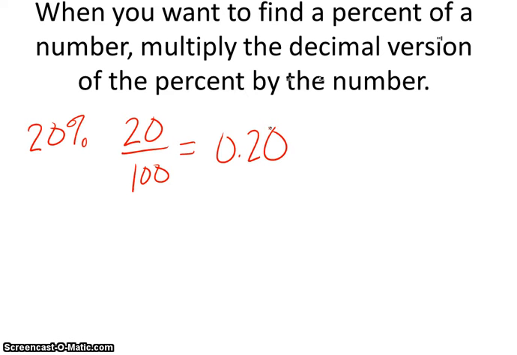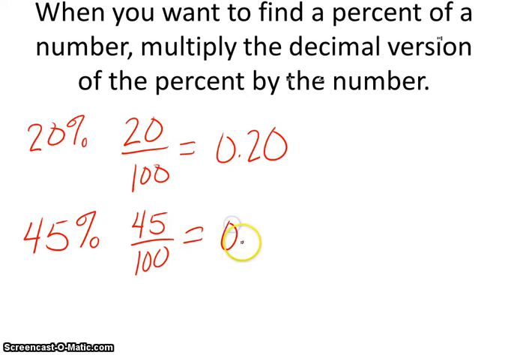Let's look at another example. If I wanted to take 45% and turn that into a decimal, I could first write 45% as a ratio, 45 over 100. If I were to read that as a fraction, I would say 45 hundredths. And that is how I would write it as a decimal as well, 45 hundredths.